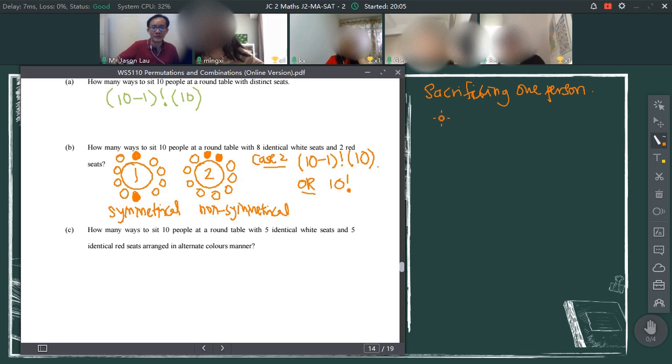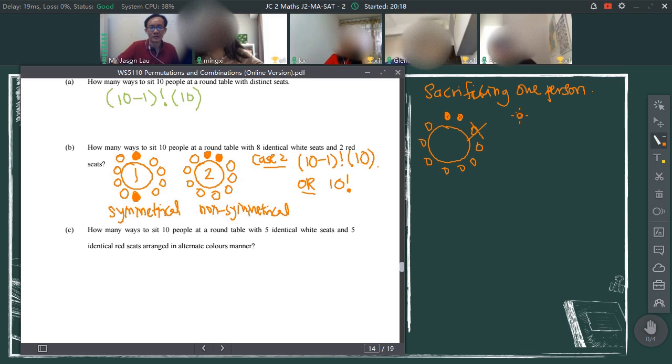You can think of getting a person to sit at the round table. So if the person sits at the round table with, let's say, this arrangement, then the person can sit anywhere. In this case, because there's no symmetry, there'll be altogether 10 ways to sit.